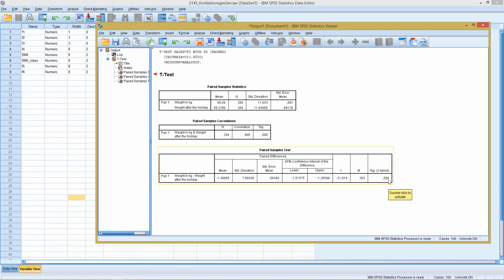So we go 0 divided by 2, still remains 0, still lesser than 5%. Thus we can conclude the weight after the holidays is significantly larger than the weight before the holidays.